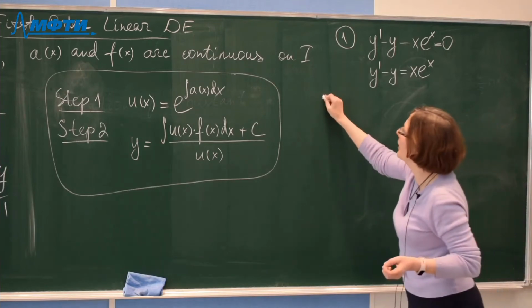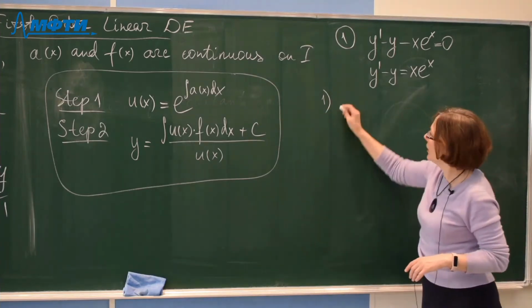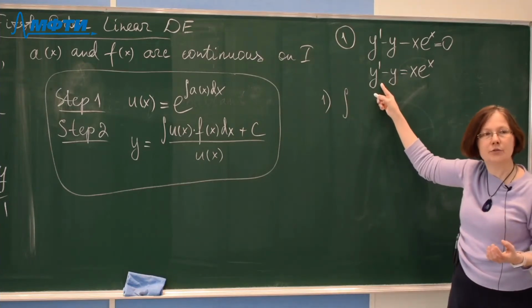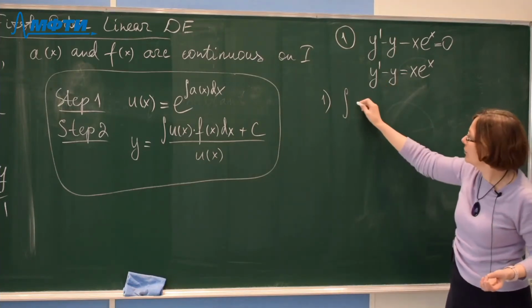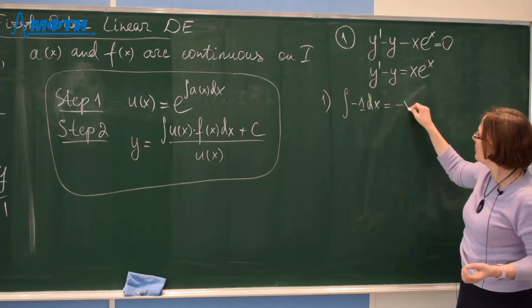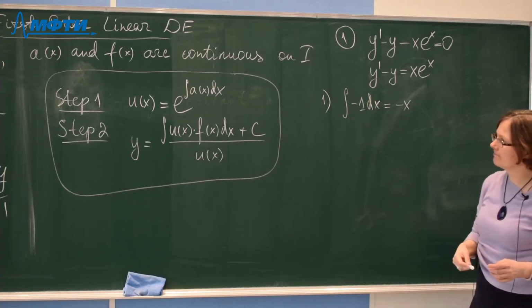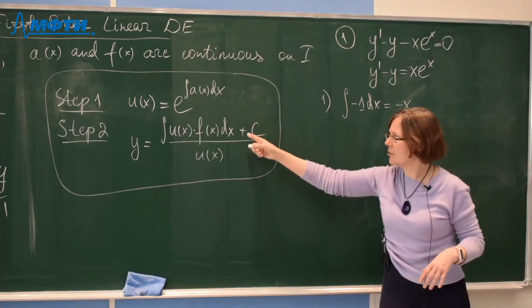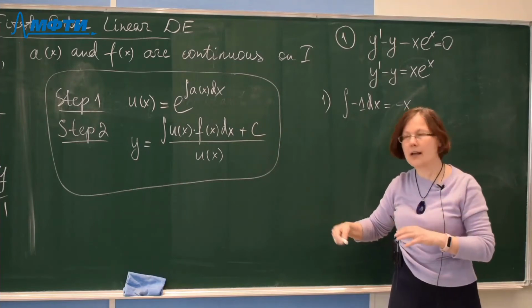And step number 1, we will find u. To find u, we should first integrate a of x, which is negative 1, dx. It will be minus x. Okay, we will not add c, since c is added on the last step, right?